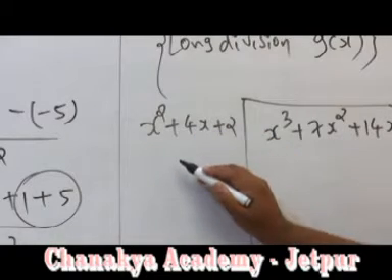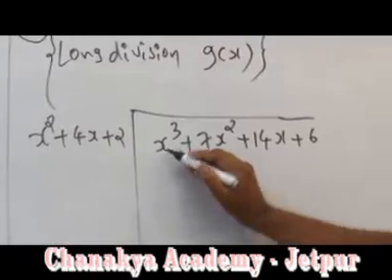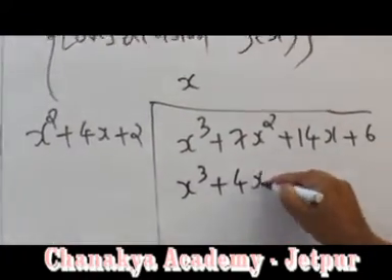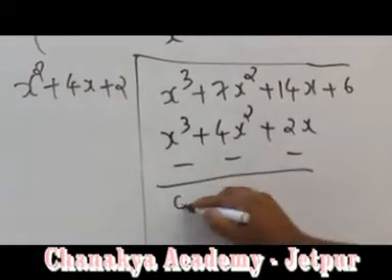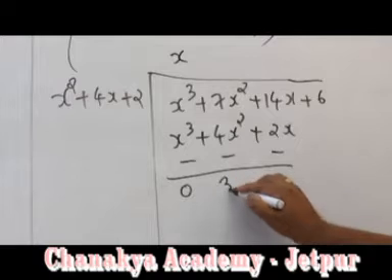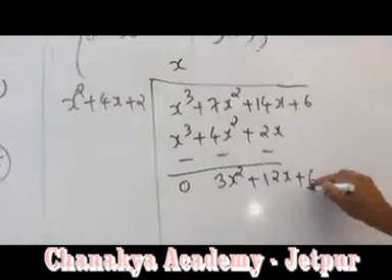We should think with which term we should multiply x square in order to obtain x cube. The answer is x. Here x cube plus 4x square plus 2x. Now changing sign, minus, 0. 7x square minus 4x square will be 3x square, plus 12x plus 6.